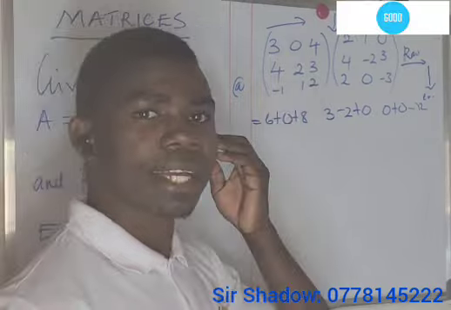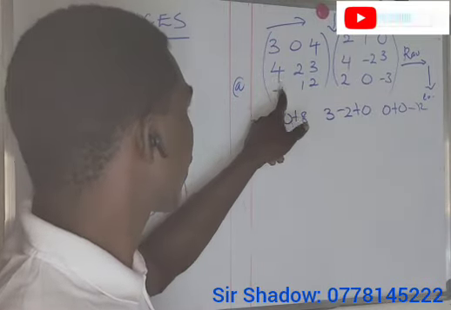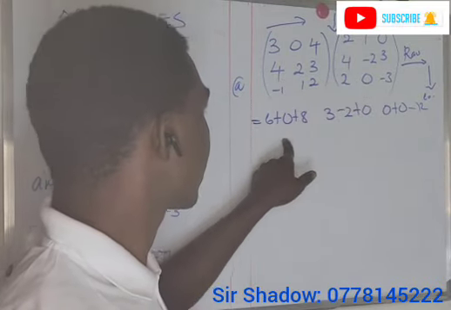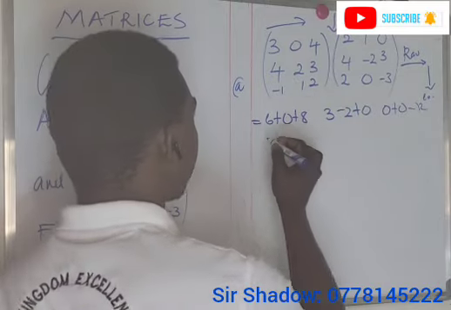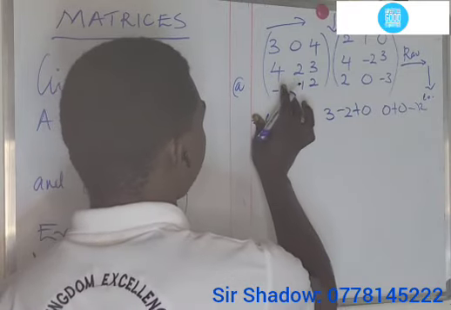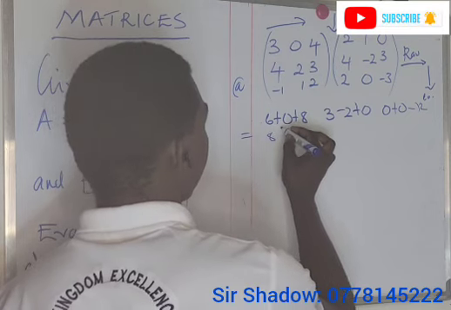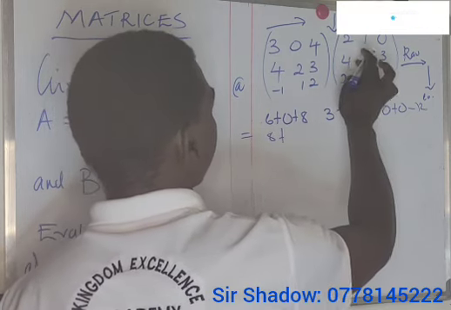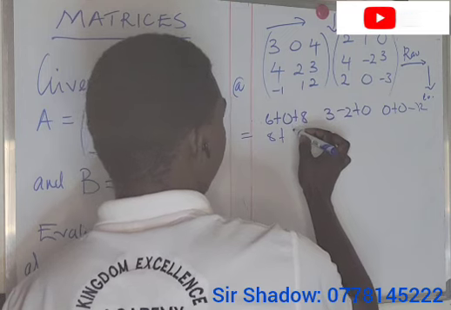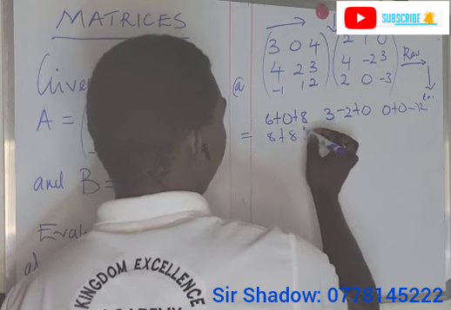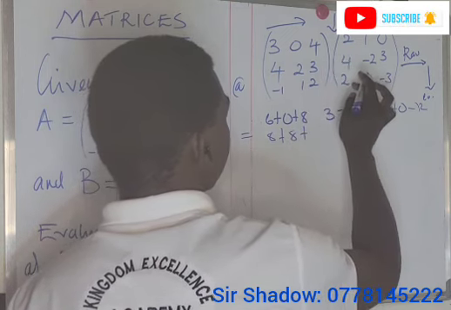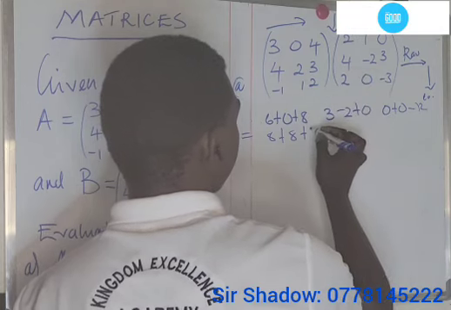Let's move on to the second row. Second row times first column: 4 times 2 is 8, plus 2 times 4, which is 8 again, plus 3 times 2, which is 6.